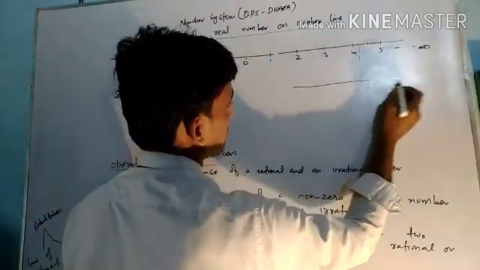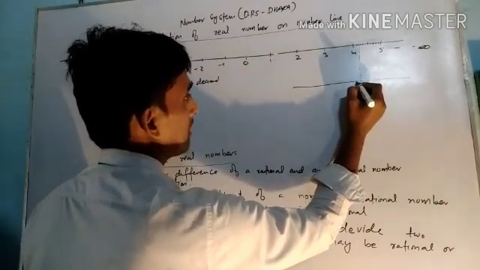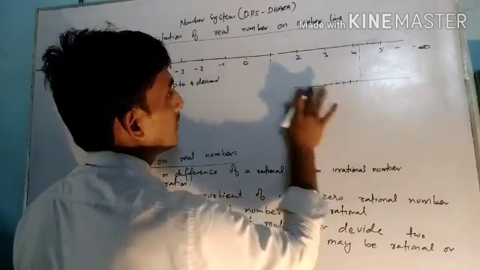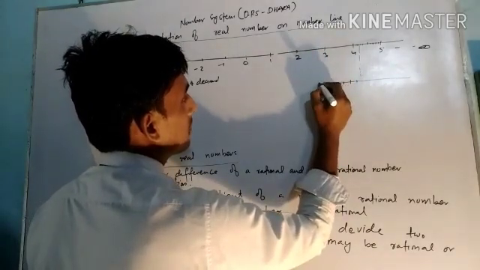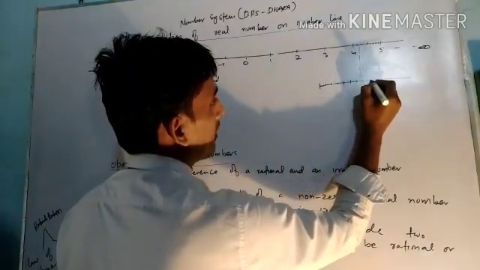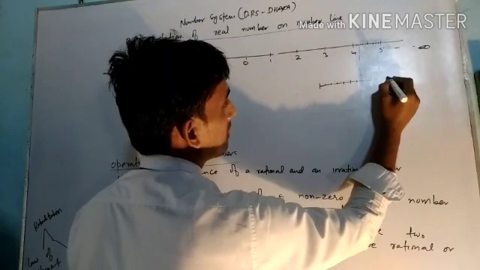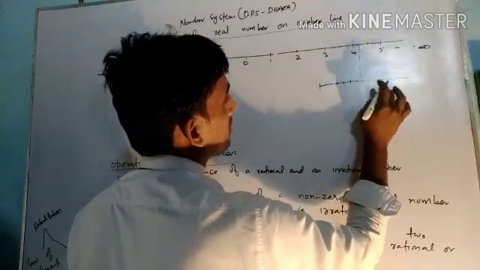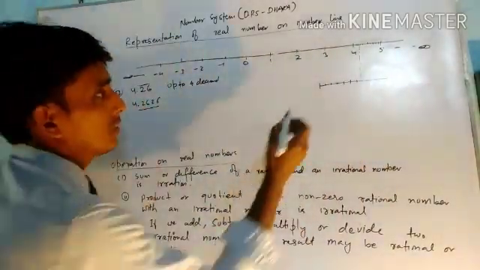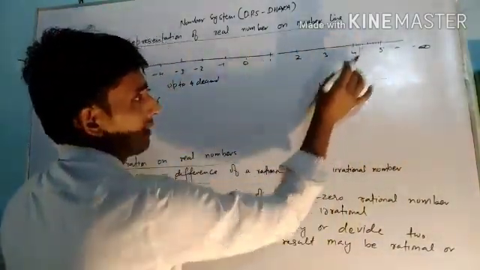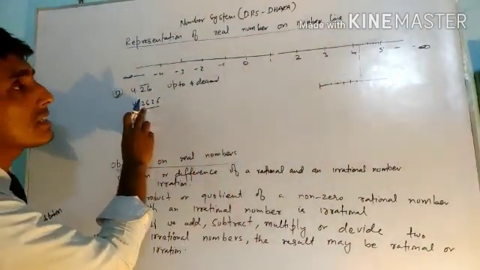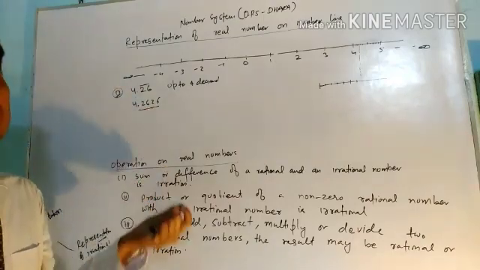So we will divide this gap into 10 parts. Our number 4.26 is lying between 4.20 and 4.30.